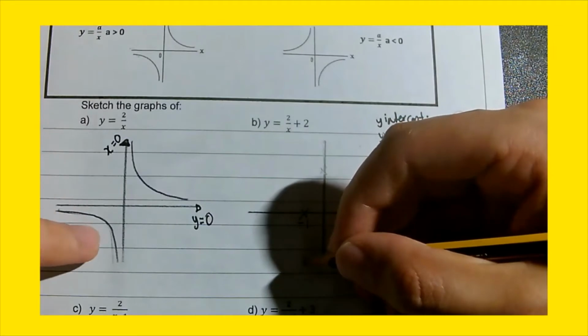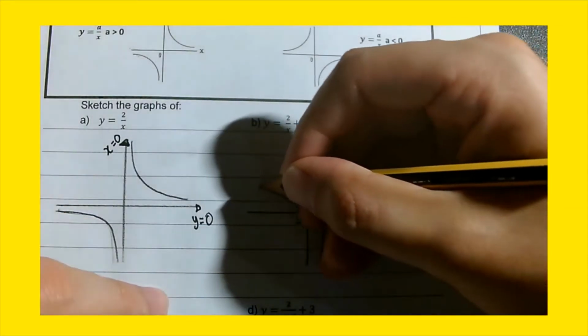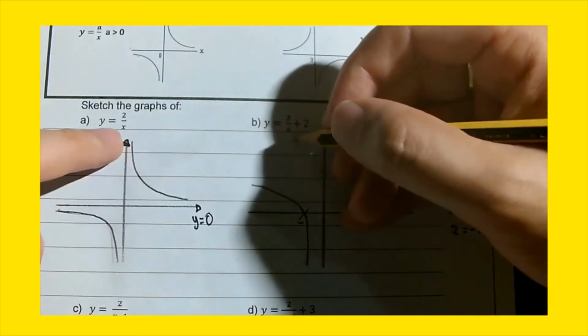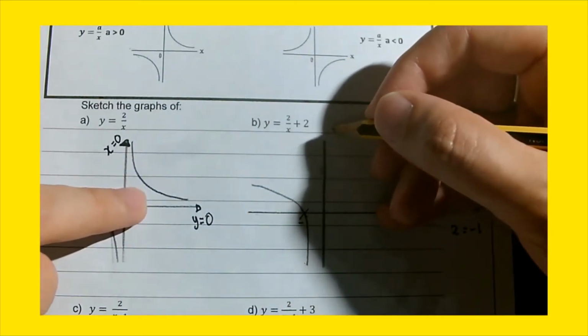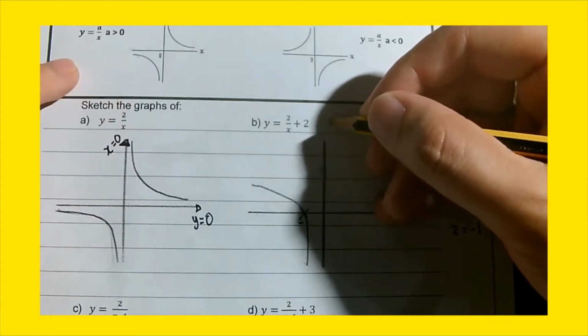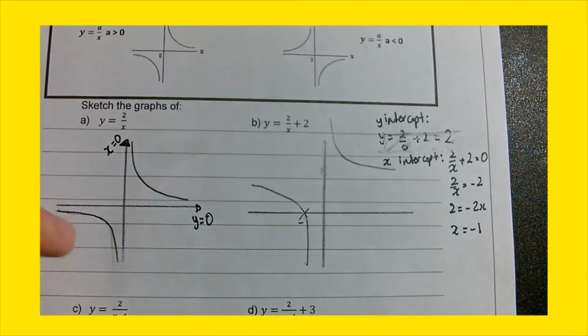So what will happen is it's going to go up, go across like that, and this section of the graph and this quadrant will just literally move up. But as a result of that, the asymptote will also change.